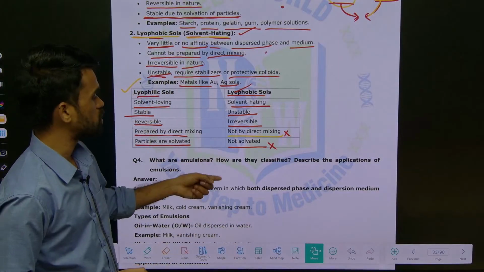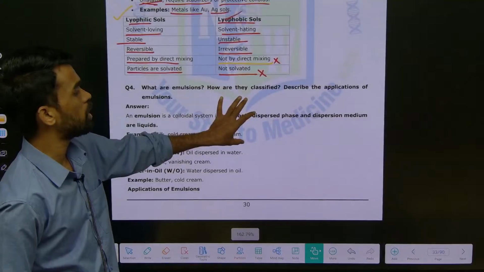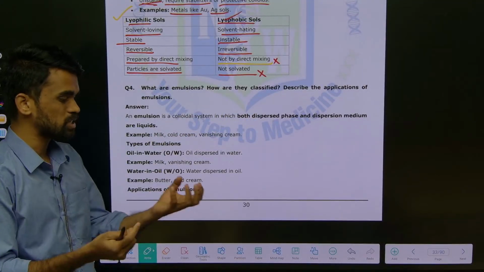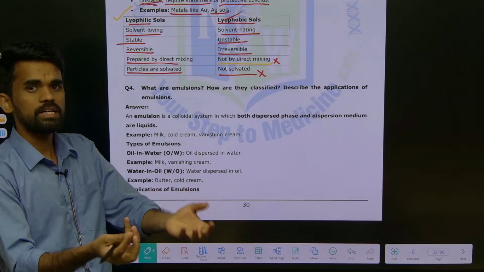What do we mean by emulsions? You have seen colloids, which have two things: the dispersed phase and the dispersed medium.